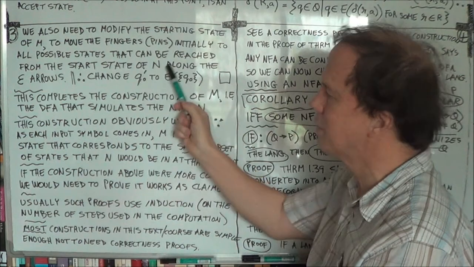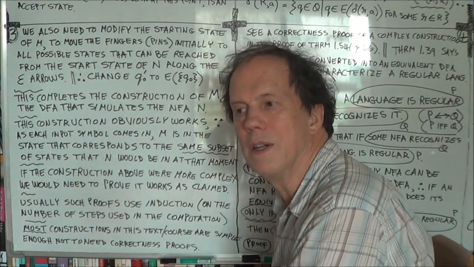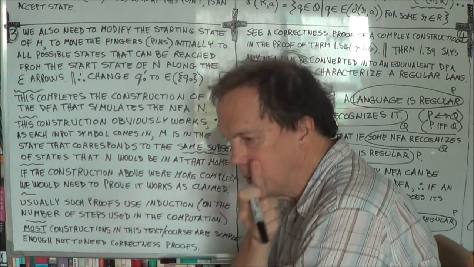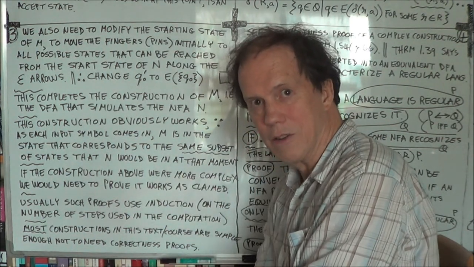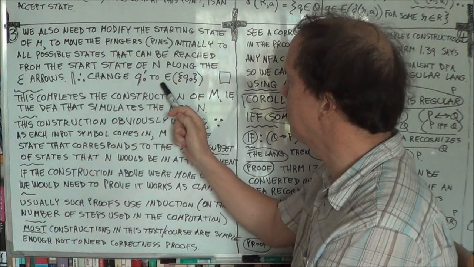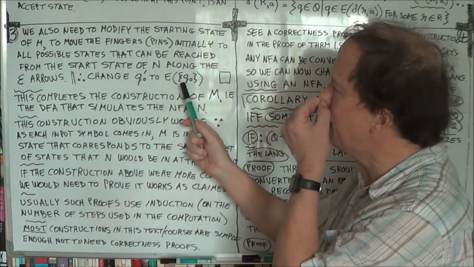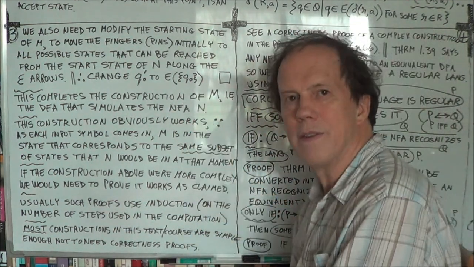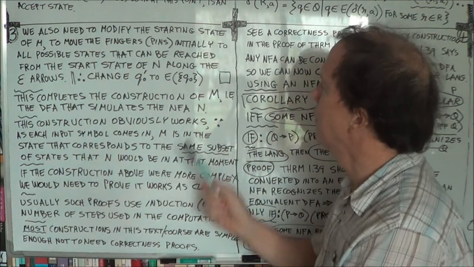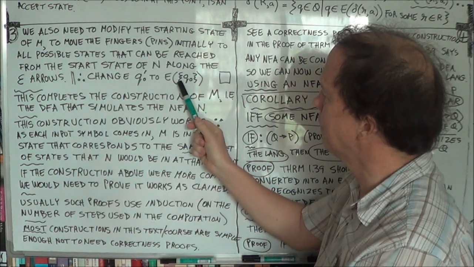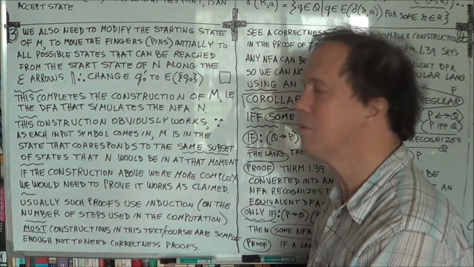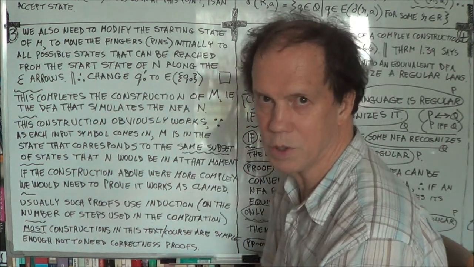And all this means is that you've just added these extra states that the eta arrows point to, because maybe your start state has eta arrows. Right? So you allow that possibility. Now, if your start state has no eta arrows, then this would just be the same thing as the set of Q0. Okay? So this is just an extra precaution.